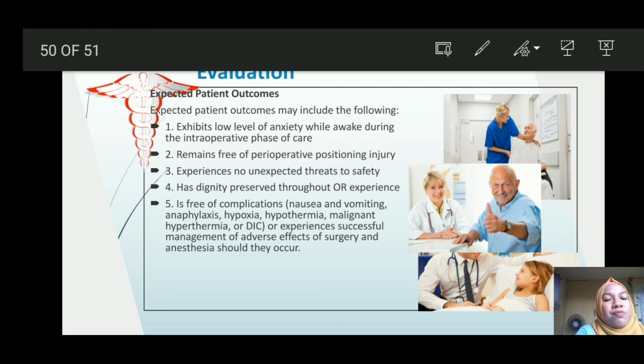So it's free from those complications, or experiences successful management of adverse effects of the surgery and anesthesia should they occur. So that's it for the number 7 and number 8 learning objective.